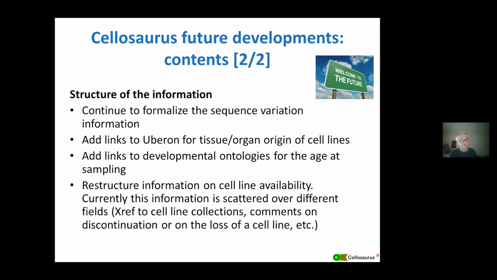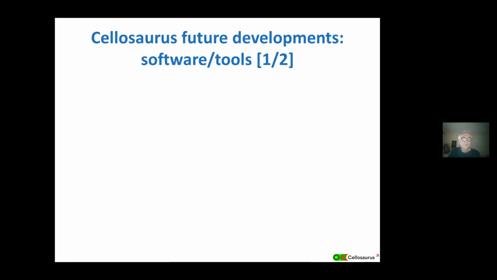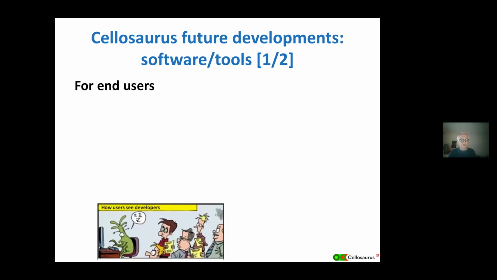Now you have cross-reference to cell line collection. You have comments on discontinuation or the loss of a cell line and so on. And this should be done on something which is more structured. And now, this is where I was saying that a lot of questions went to here.